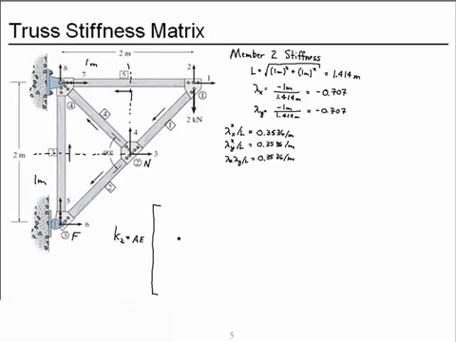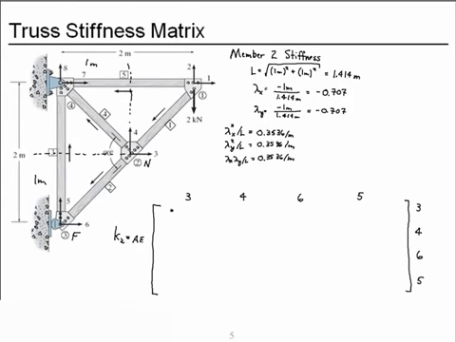It has the same length, the same A and E, and the same directional cosines. The degrees of freedom, however, are now 3, 4, 6, and 5. Near node x, near node y, far node x, far node y. The rows, therefore, 3, 4, 6, and 5.